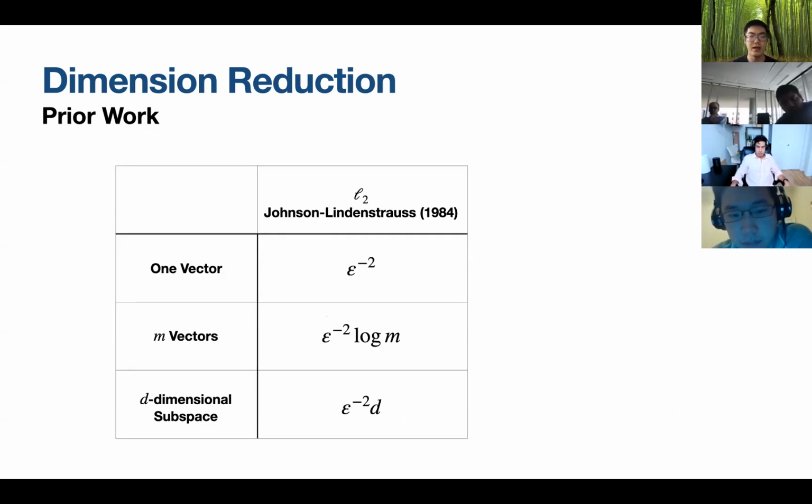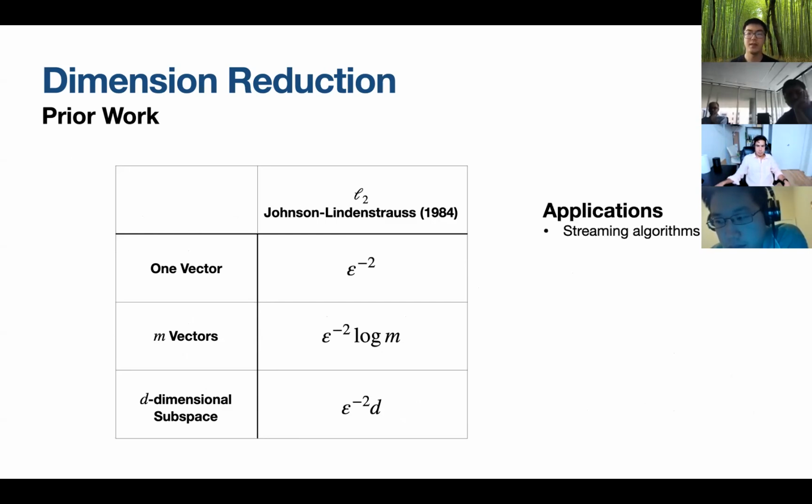So to summarize, Johnson and Lindenstrauss results imply that if we want to embed one vector, then we only need a target dimension of 1 over epsilon squared. And for m vectors, we need 1 over epsilon squared times log m. And finally, for a d-dimensional subspace, we need 1 over epsilon squared times d dimensions. And these results have many applications and are very useful, both in theory and practice.